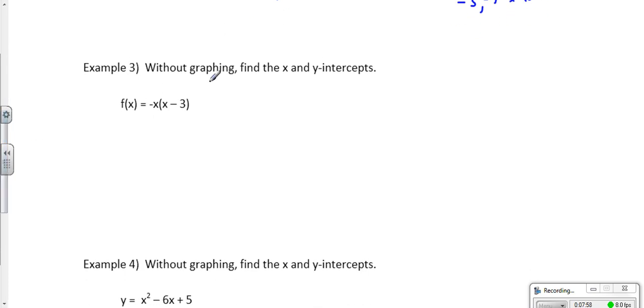Okay, well, as we said earlier on, if we say x is equal to 0, we will get the y-intercepts.